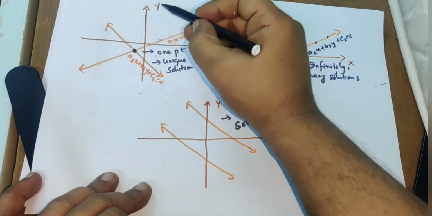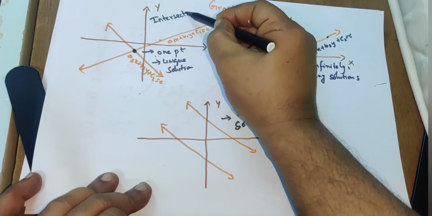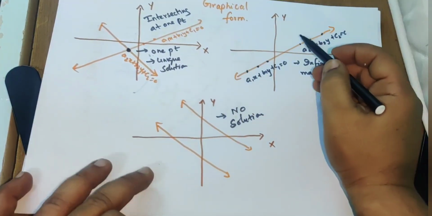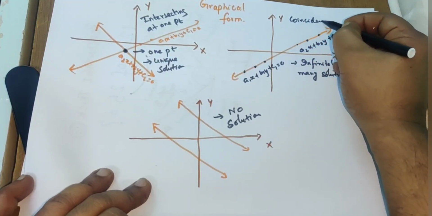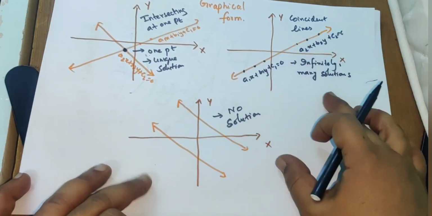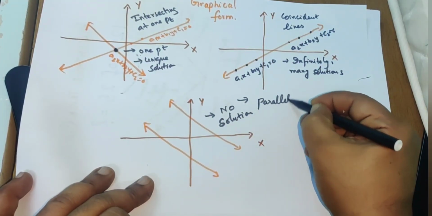The first graphical form is intersecting at one point, and the second graph is coincident lines, because both of the line solutions lie on the same line, and here parallel lines.